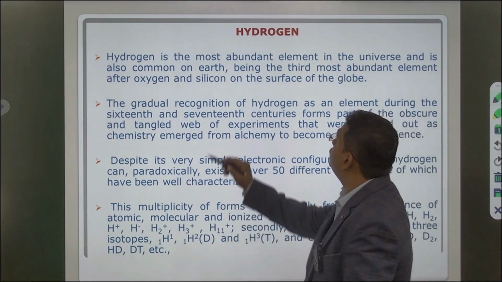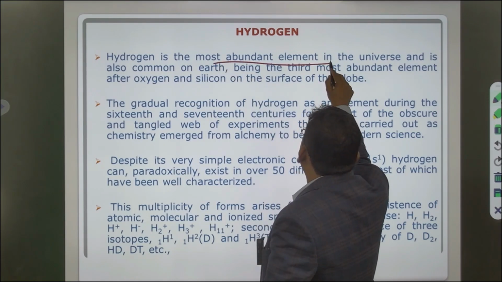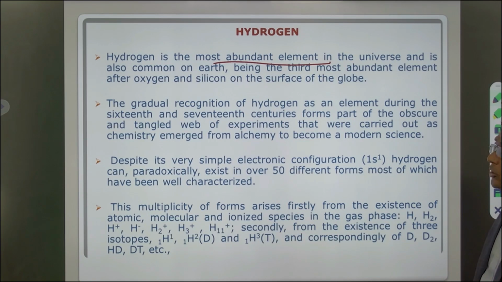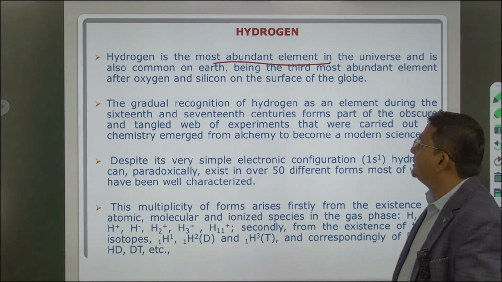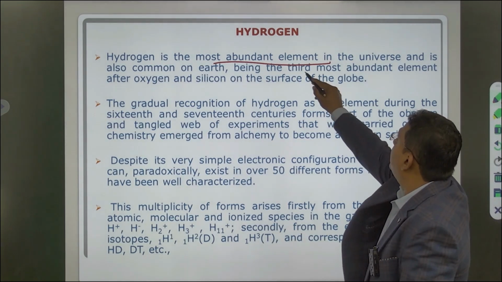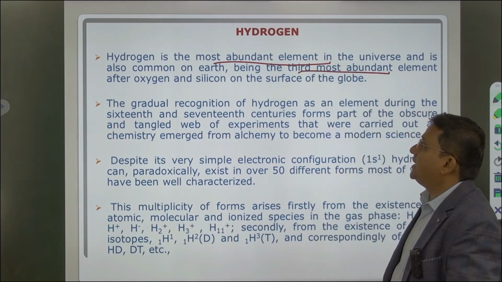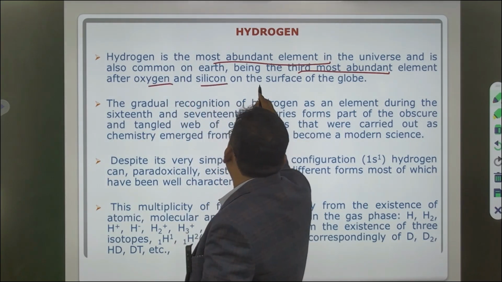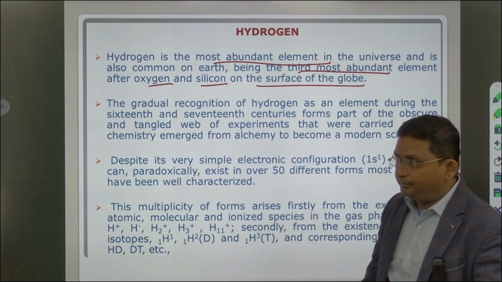Hydrogen is the most abundant element in the universe and is also common on Earth, being the third most abundant element after oxygen and silicon on the surface of the globe.